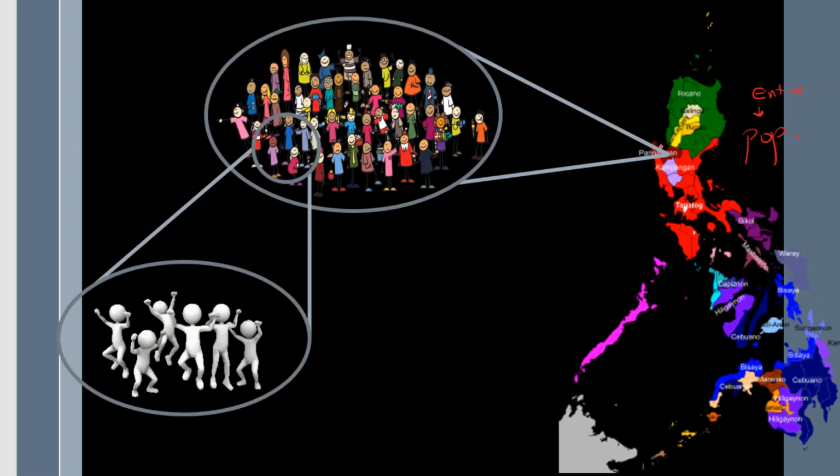So you want to study only in Pangasinan, where the Gupan is located. So you're going to include all people in Pangasinan, and then you want to pick only those individuals who you want to conduct your study, and that will be your sample.